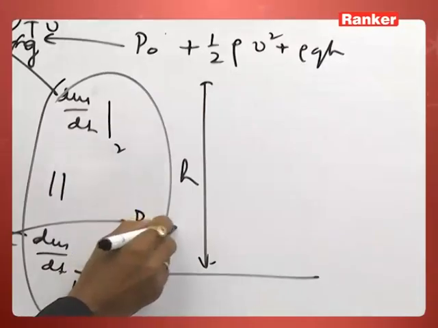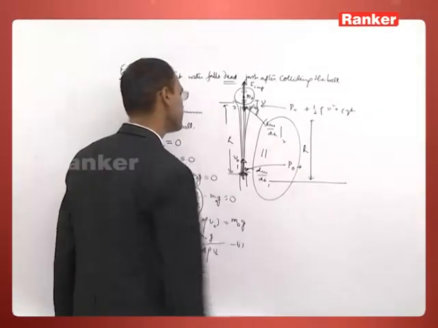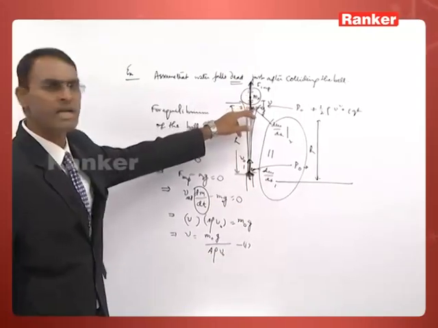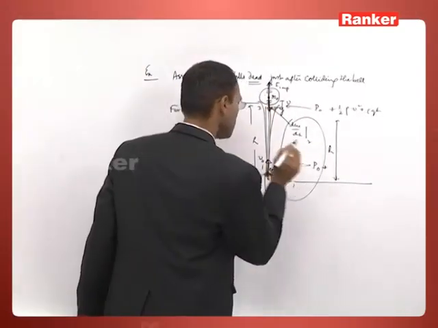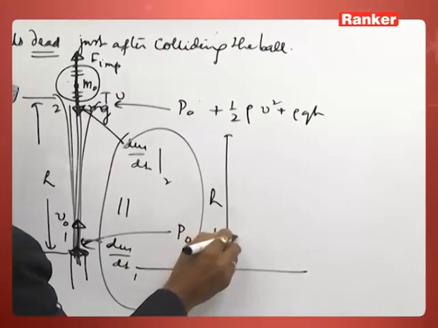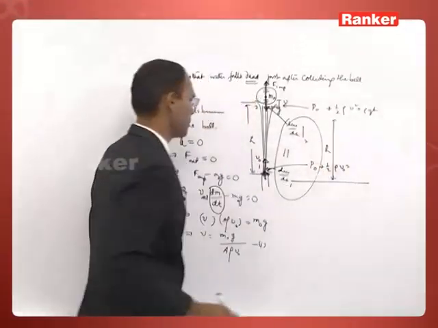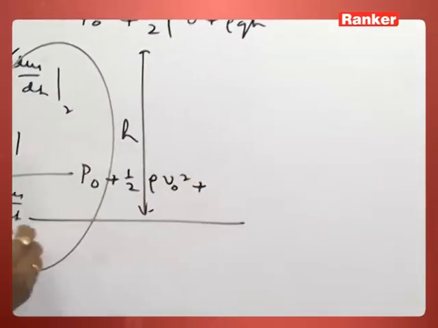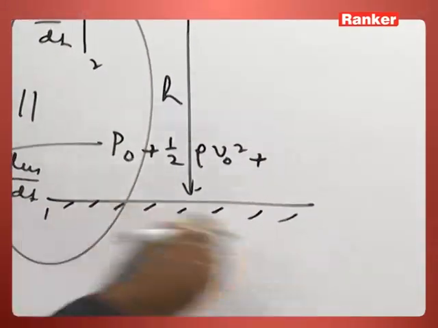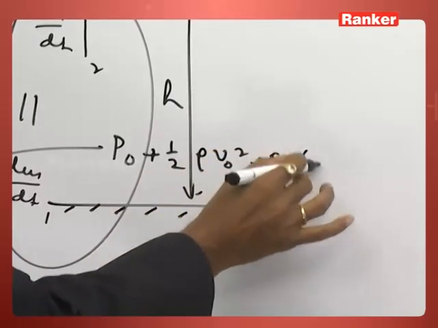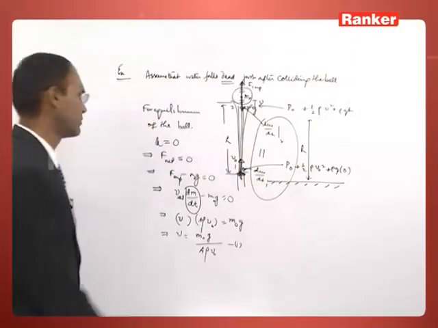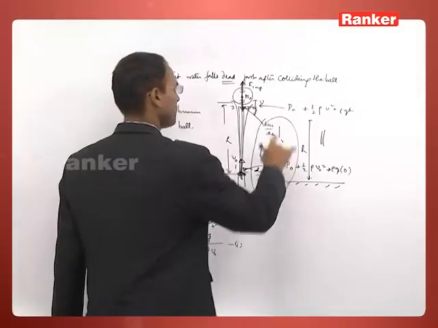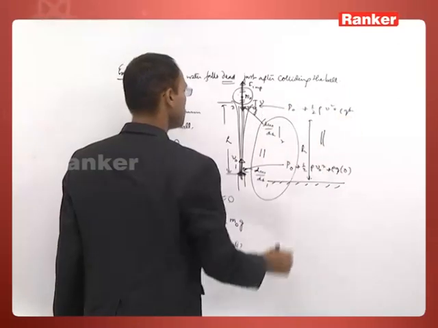Here the pressure energy per unit volume is P naught, that is atmospheric pressure, because we have taken the point which is exposed to atmosphere. This point also is exposed to atmosphere. Here the kinetic energy is half rho into v naught square, not v square, because here the velocity is v naught, plus with respect to this reference level, here the height is 0. So you have to equate these two. That is what we call Bernoulli's equation.